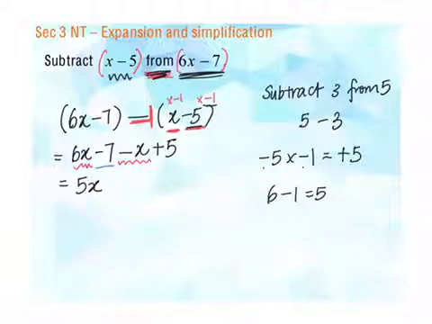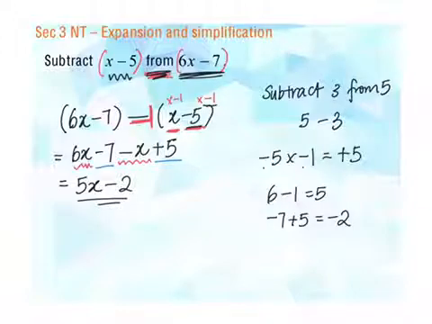Negative 7 plus 5, which will be minus 7 plus 5. This is addition, not multiplication. So we just follow the sign. Originally, I owe you $7. I returned you $5. Now, how much do I still owe you? I owe you $2. So this will be negative 2. If you are not sure of your calculation, please use a calculator.